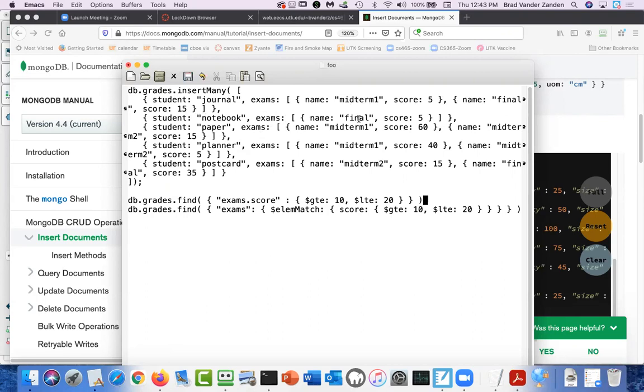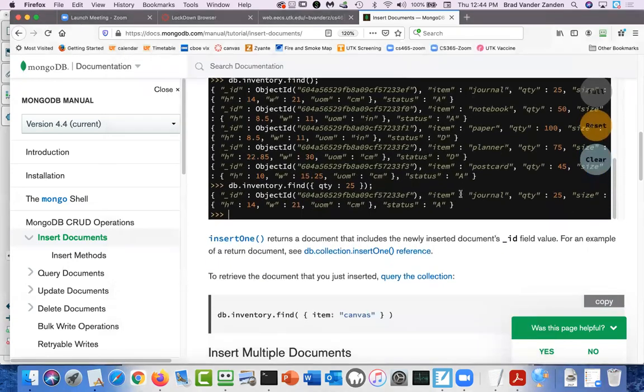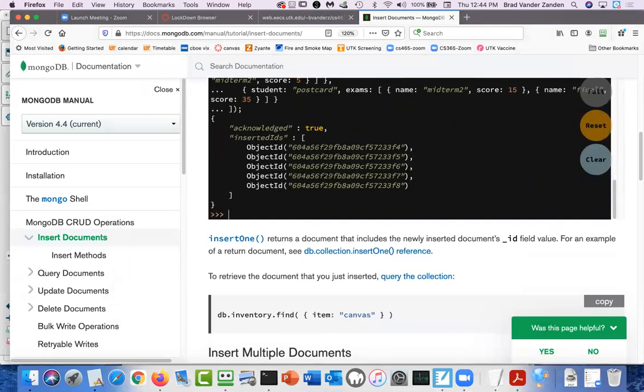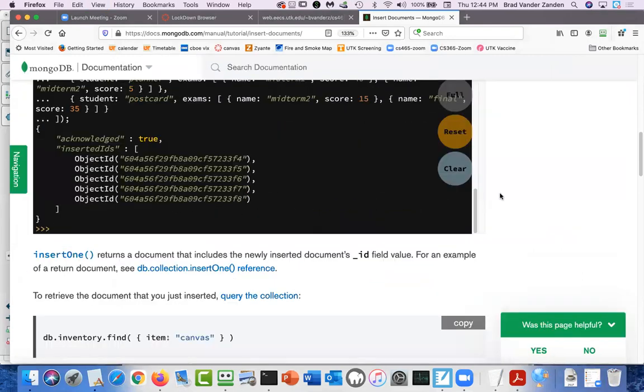So the first thing I'm going to show you is, let's say I want to return students and exams that have a score between 10 and 20. So it looks like this particular query is the way to go. I want to find exams whose score is between 10 and 20. Okay, so I'm going to copy this over here, and I'm going to create that.